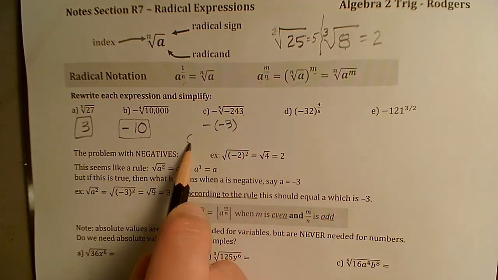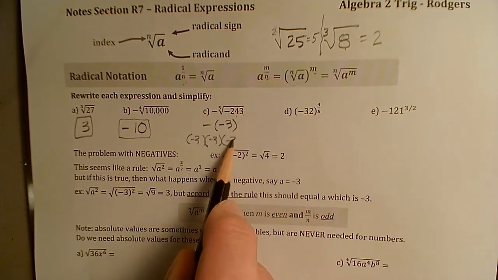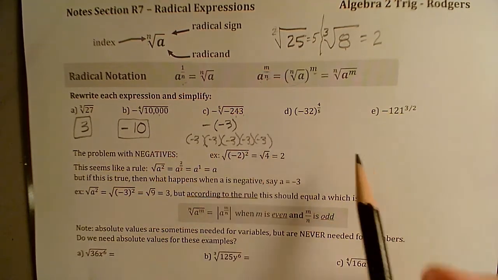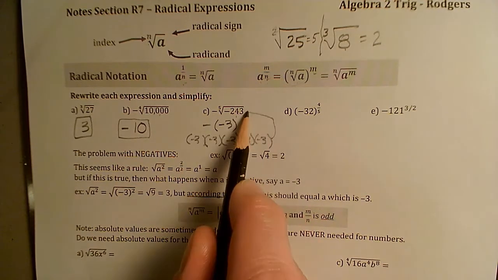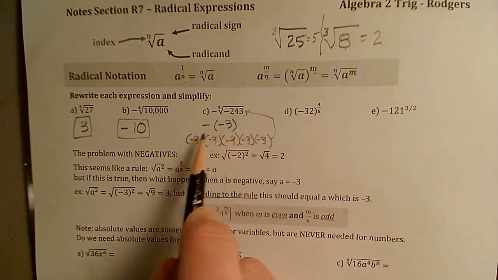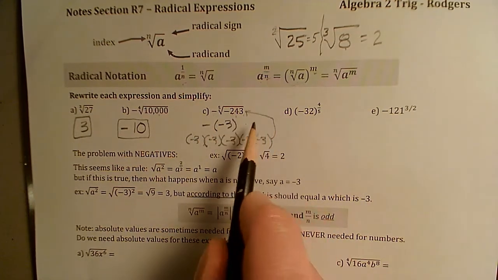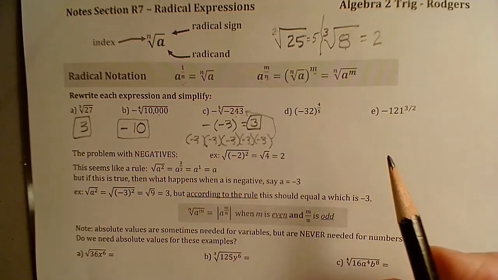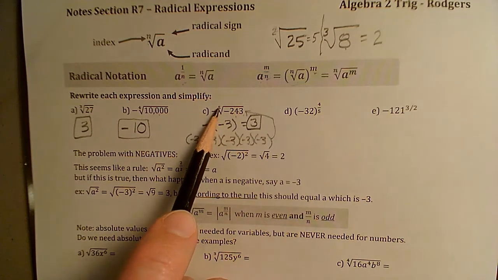So in other words, if I take negative 3 times negative 3 times negative 3 times negative 3 times negative 3, with 5 negative 3's multiplied together, that would give us negative 243. And so the answer would be the negative of negative 3, or in this case, just a 3. Just normal positive 3. Okay, so that's kind of what we're looking at when we're doing the fifth root.